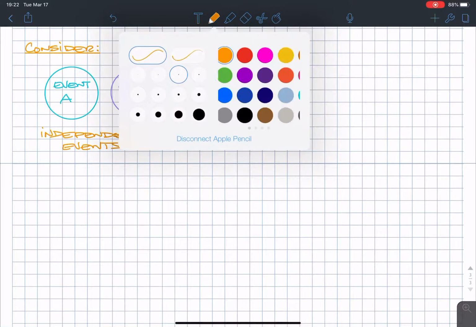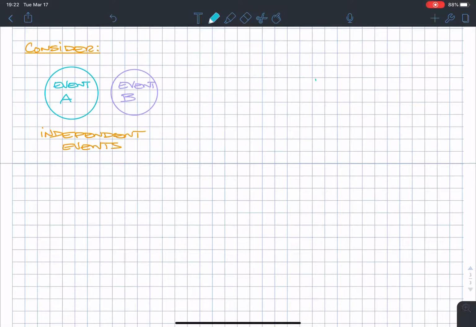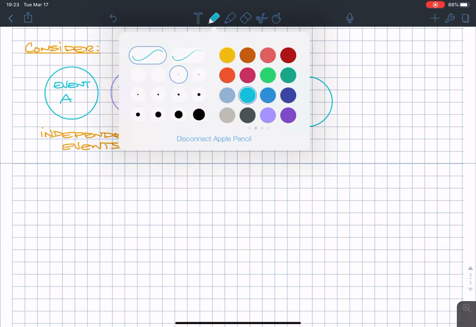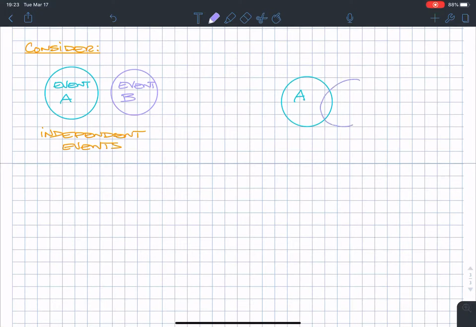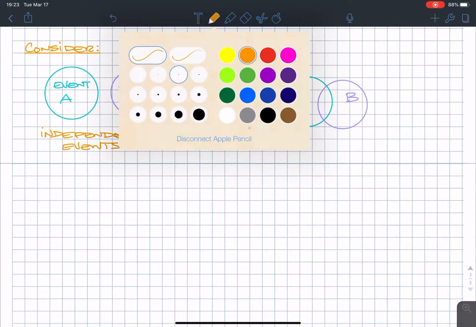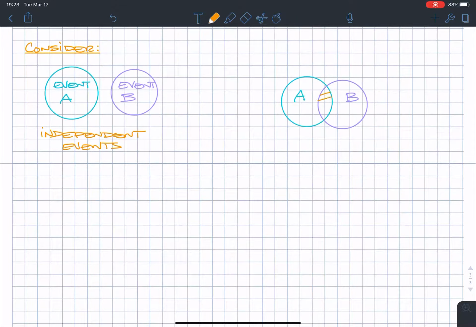However, what if I have the case of event A and event B where they do overlap? Oh, come on. Why is it so hard to draw a circle? So in this case, these are dependent events because they have an overlap.